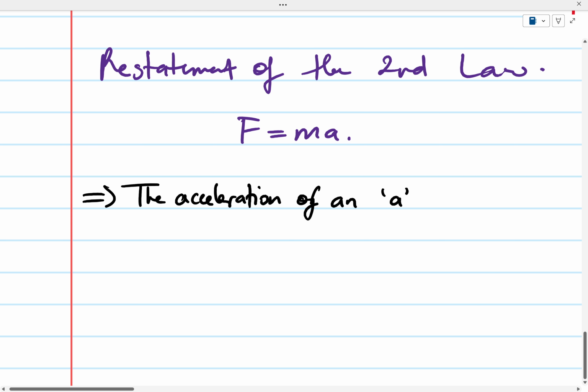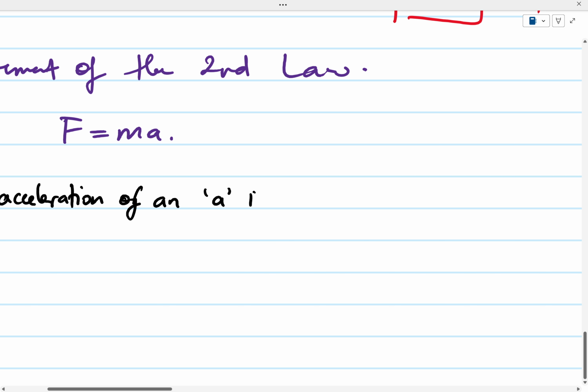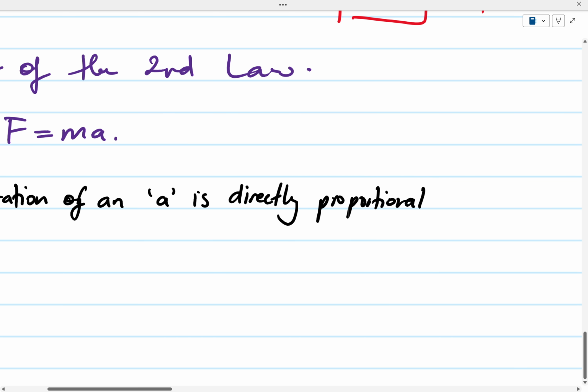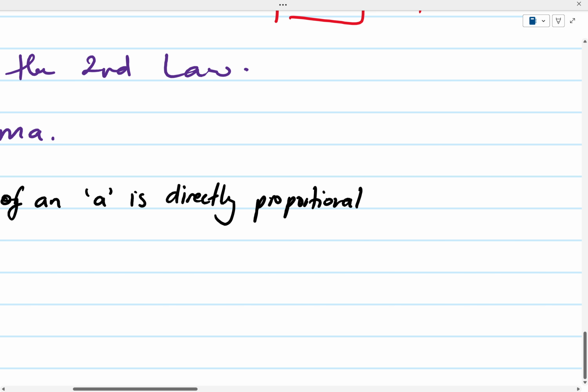The acceleration of an object a is directly proportional to the net force acting on it.